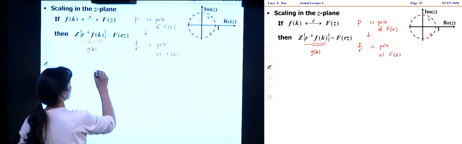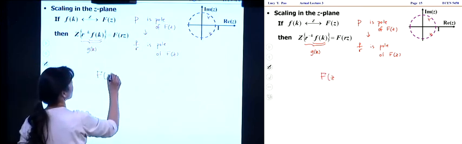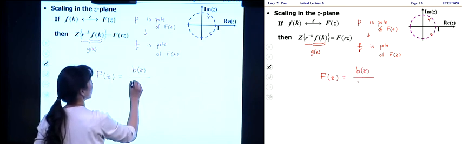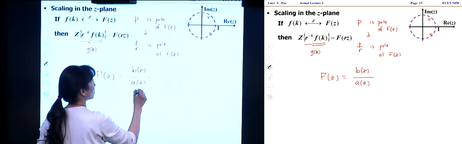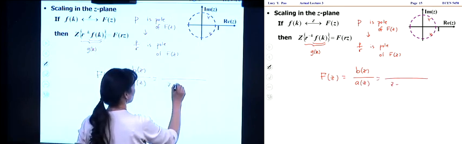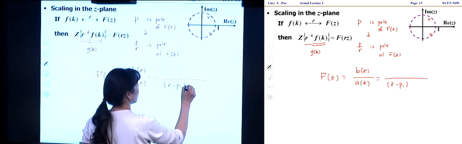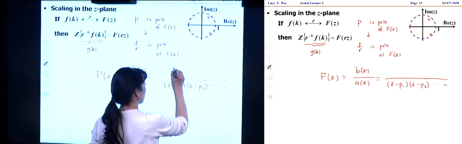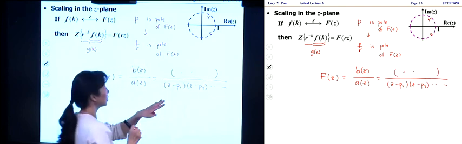Because you can think of F of z as some numerator polynomial over some denominator polynomial. So if that denominator polynomial originally is z minus p1, z minus p2, we don't really care what's happening in the numerator.